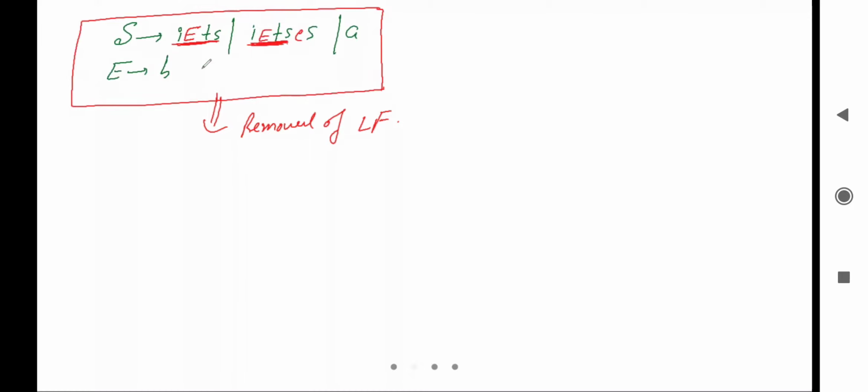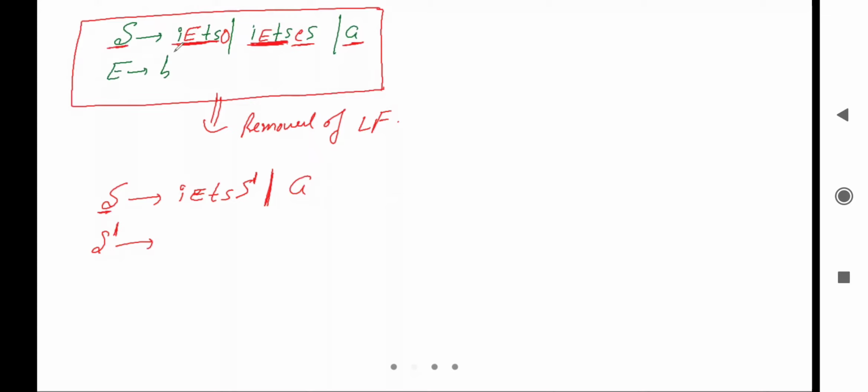So we can say S goes to I E T S, and this S can be replaced with S dash. Now this S dash will generate the remaining portion of each production. Here there is no left factoring, so we directly generate S goes to A.